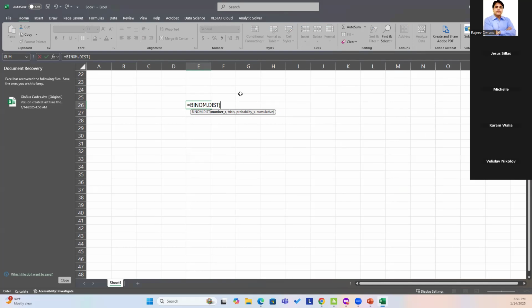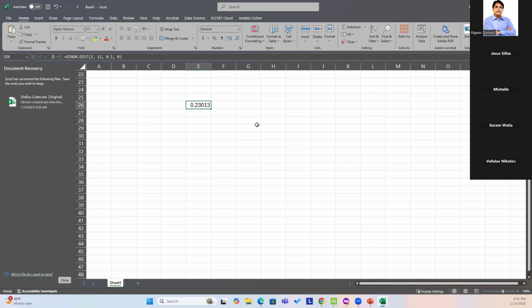The X value is 2, n sample size is 12, probability is 0.1. For cumulative you put 1, and for simple you put 0, so I'm going to put 0. And now you can see exactly the 23% value right here.